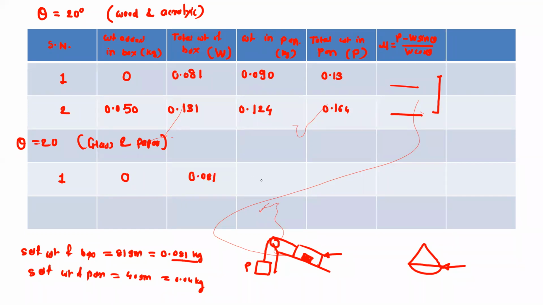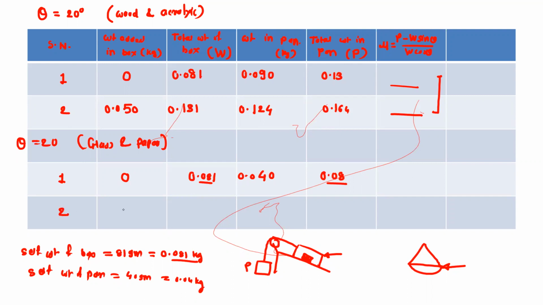Then weight in the pan is 40 grams, so it is 0.04 kg. Total weight 40 plus 40 is 80, so this is 0.08. This is the P value and this is the W value. So calculate the mu value.